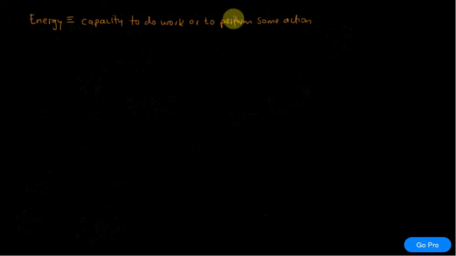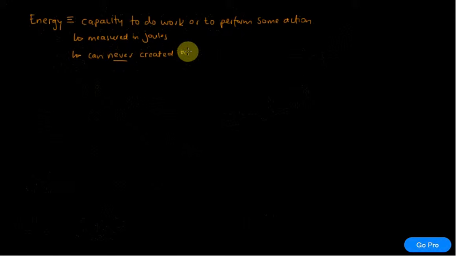The key here is that it's also measured in joules. That's the standard of measure. And it can never be created nor destroyed. That's the key part. It's merely transferred from one form to another.